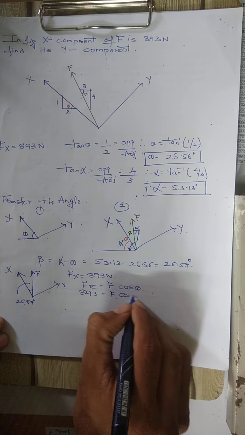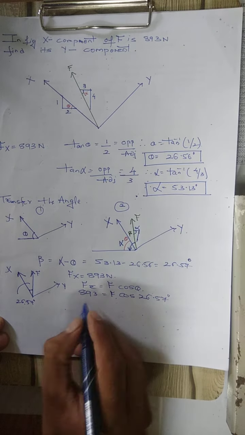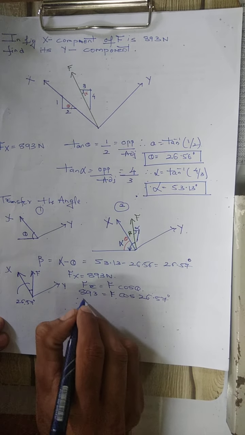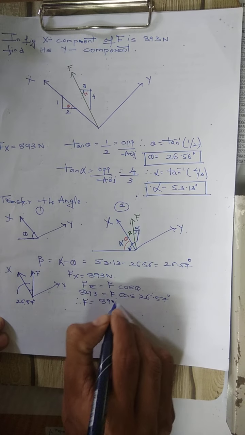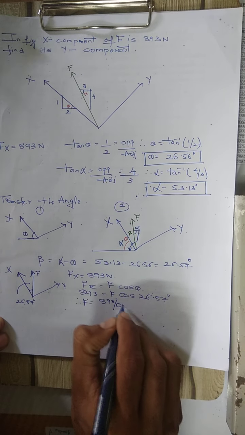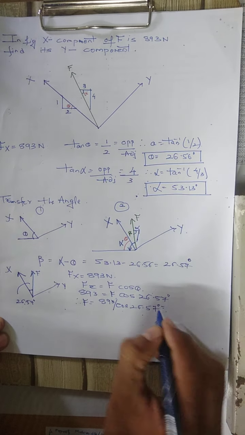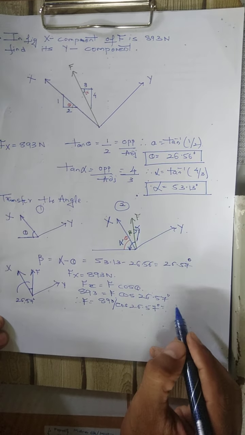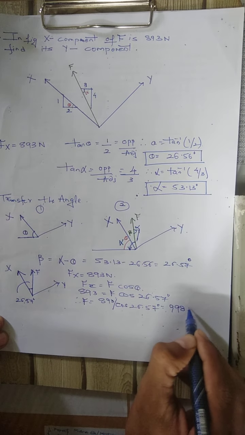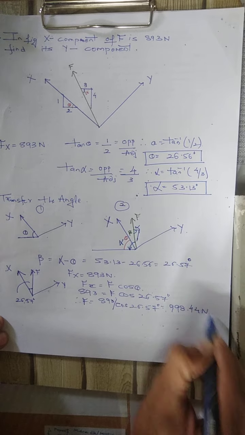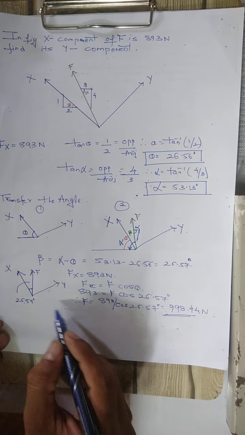Just now we have calculated the angle, 26.57 degrees. Just the division is there. F is equal to 893 divided by cos of 26.57 degrees. So the force comes to be 998.44 newtons.